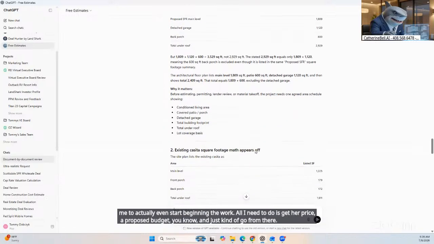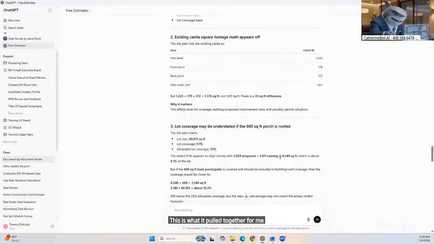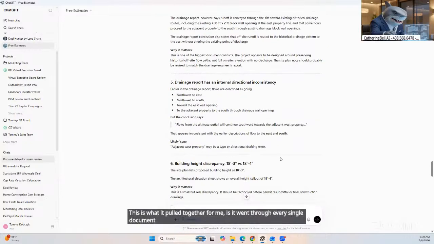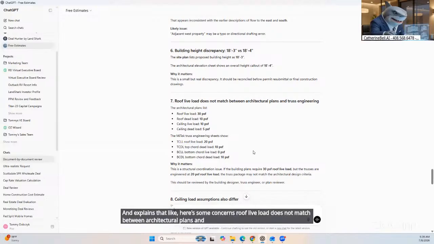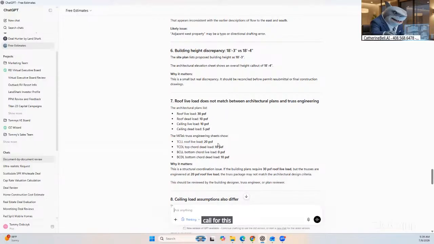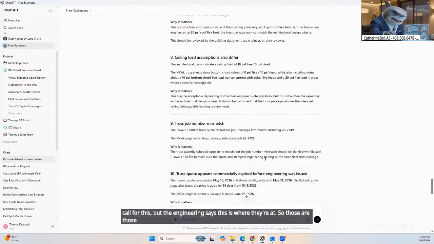So this is what it pulled together for me. It went through every single document, pulled it all together, and explains that, like, here are some concerns. Roof live load does not match between architectural plans and truss engineering. So the architectural plans call for this, but the engineering says this is where they're at. Those are massive issues.